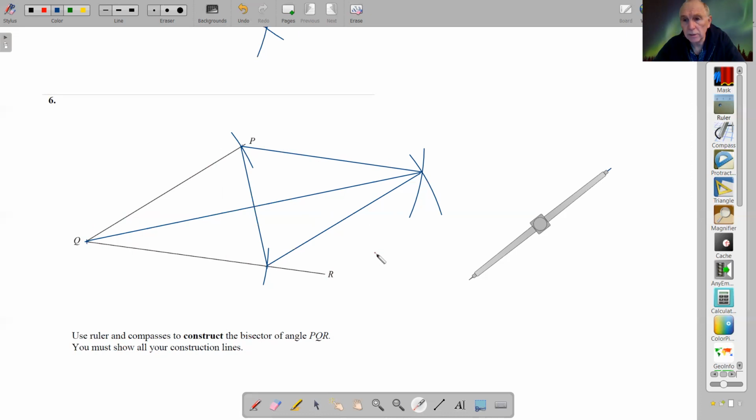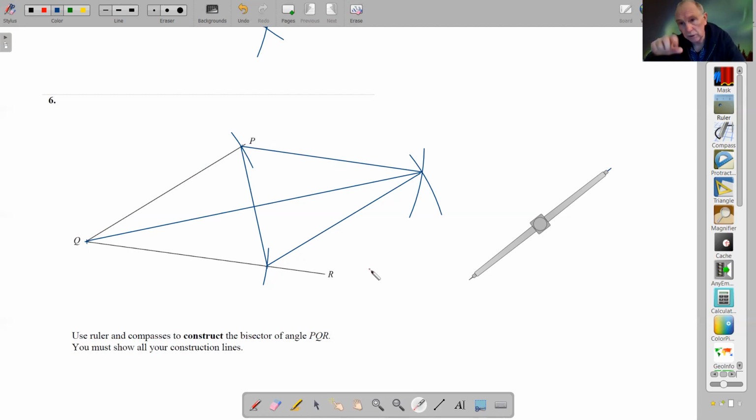Now there are a set of questions that you may get at GCSE. You're designing a garden and you want to place a bush that's no more than 5 meters away from the pond and no less than 4 meters away from the shed or something like that. So those come up, and very often if you're doing scale diagrams, then using a compass is the ideal way of doing that, because we can set our compass to whatever the scale is to represent 5 meters and 4 meters and so on.